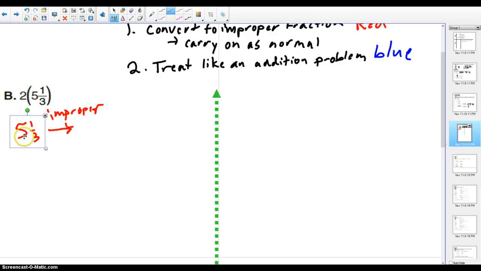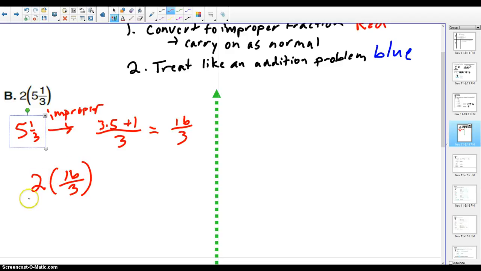So to do that, we multiply 5 times 3, and that's what we're going to add to the top. So it's 3 times 5 plus 1 over 3. And that'll give us 16/3. So now that we have it as an improper fraction, we can do 2 times 16/3.